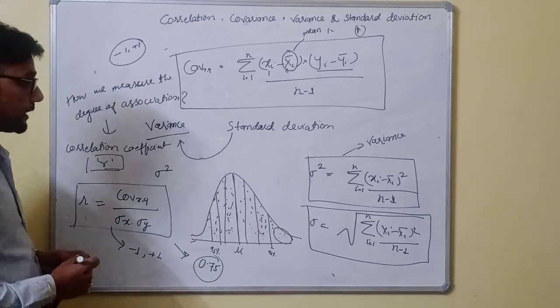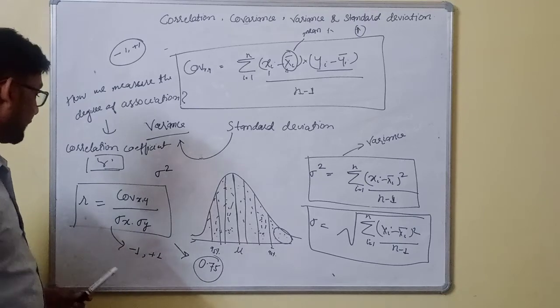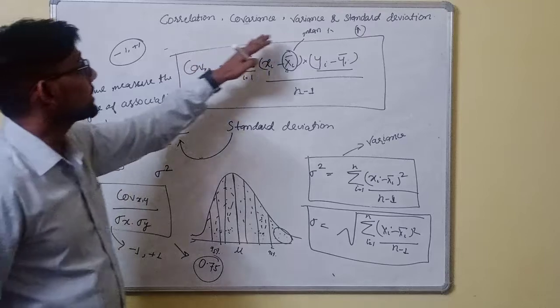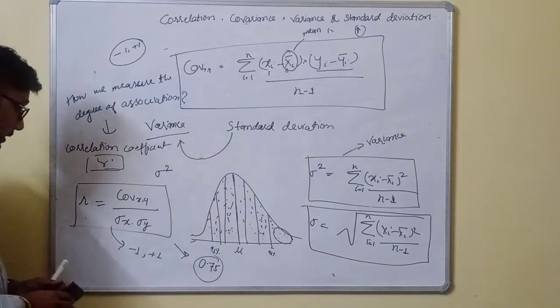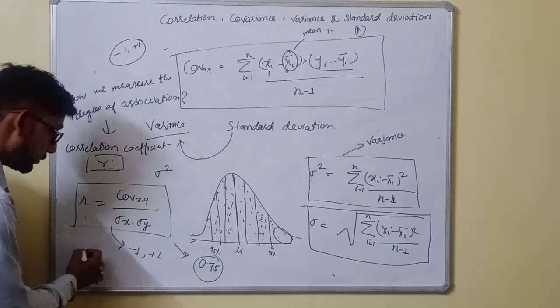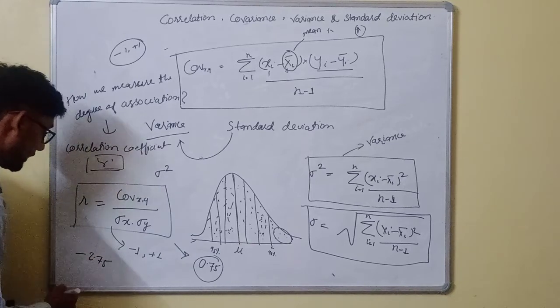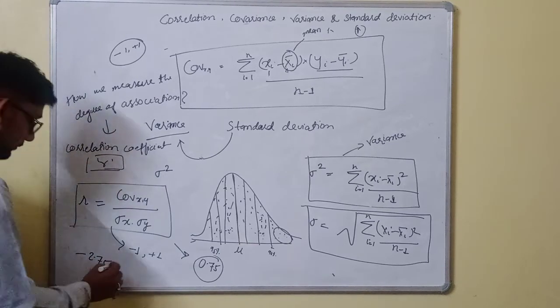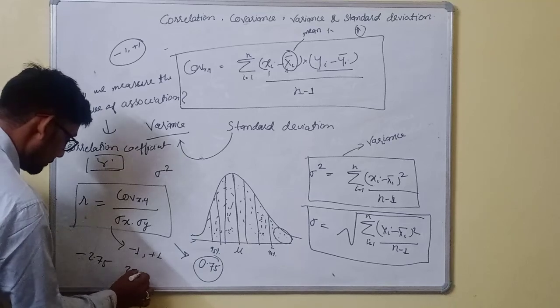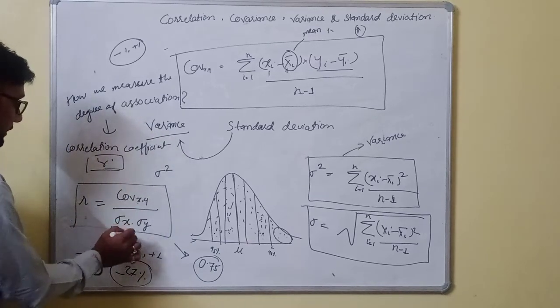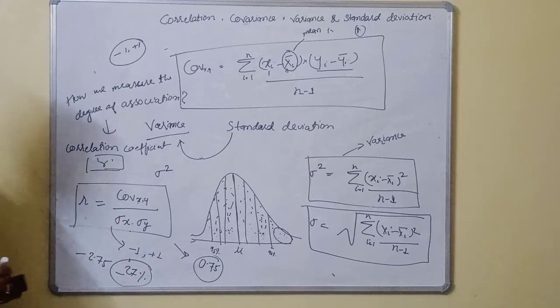So now I hope you are very clear about correlation, covariance, variance and standard deviation. Again, if you have a value of -0.27, it means 27% negative correlation between variable x and variable y, right?